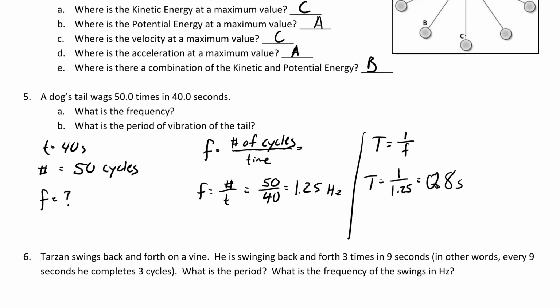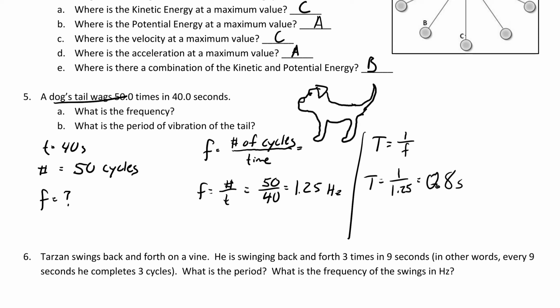We're talking about a dog's tail wagging back and forth. So if this is the dog, that's a very nice dog, and the dog's tail is wagging back and forth, and I just realized it's going to be hard to make it go left and right. So let's say the dog is just as weird as it looks, and it wags its tail up and down.